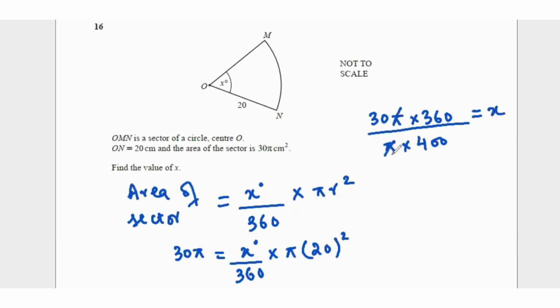So the pi's get cancelled out, the zeros get cancelled out, and we know 4 9s are 36. 3 times 9, it is going to be 27 degrees. That is your angle.